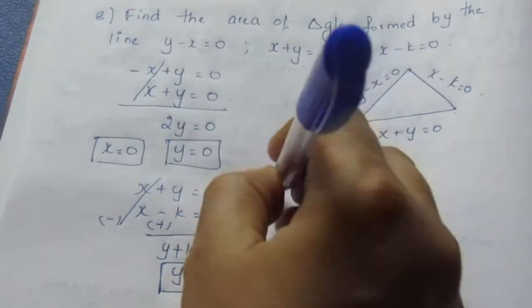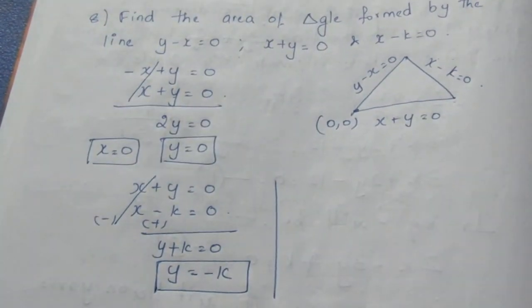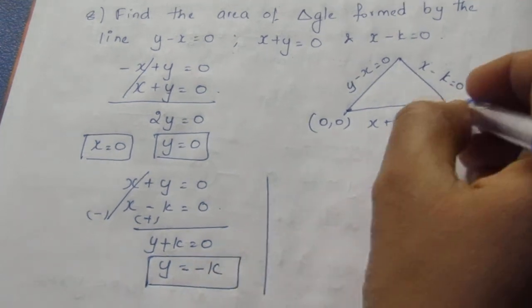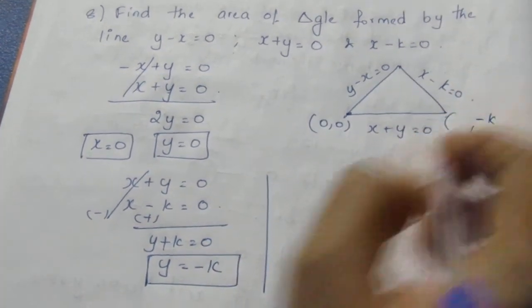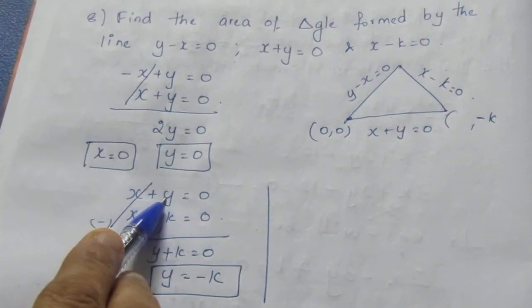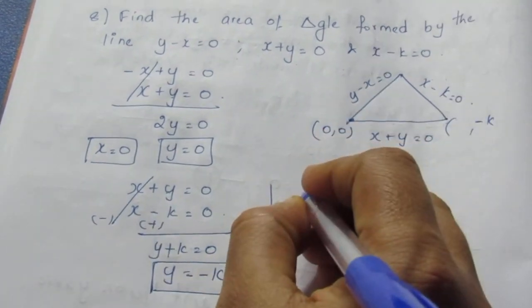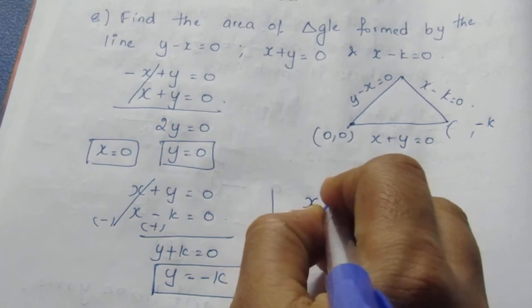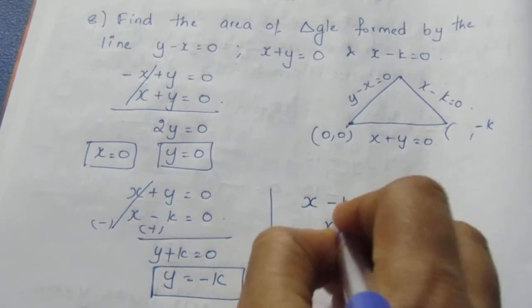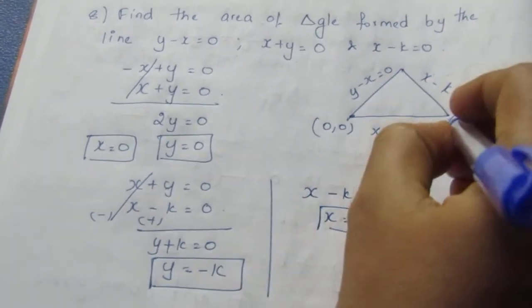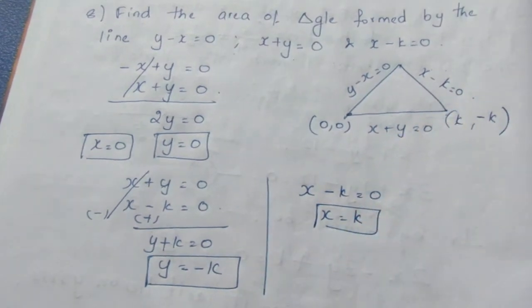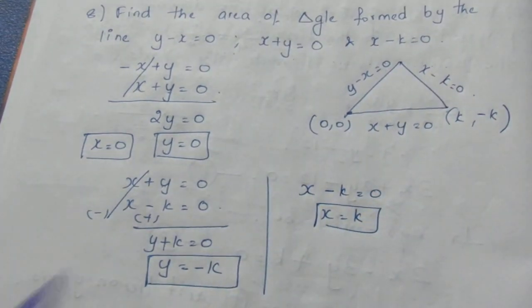So I got my y to be minus k. Substitute the value of y in any of the equations. If I substitute in the first one, it becomes x minus k is equal to 0, so x is equal to k. So (k, minus k) is the point of intersection for these two lines.